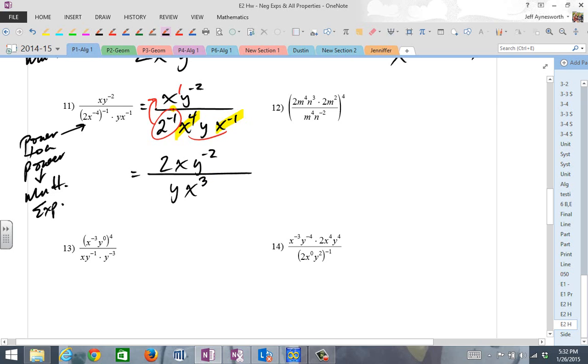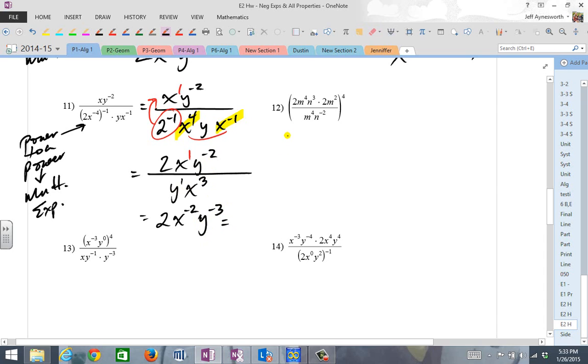Okay. Now let's finish. So we got 2, and then x divided by x cubed is x to the negative 2 power. 1 minus 3 is negative 2. And then y to the negative 2 minus y, divided by y. You have to subtract exponents, so y to the negative 2 minus 1, which is negative 3.